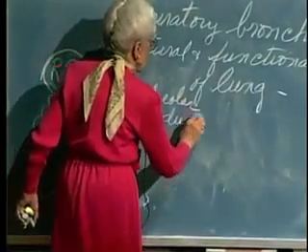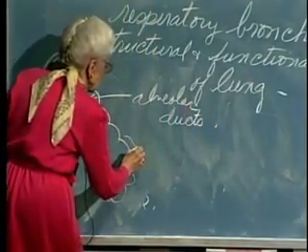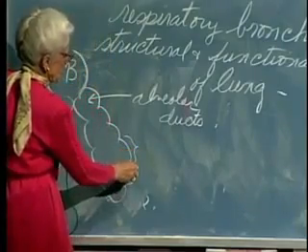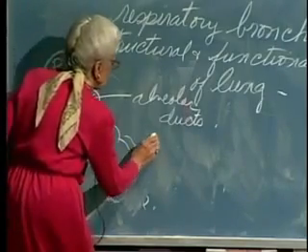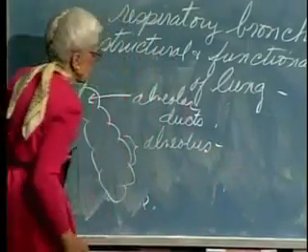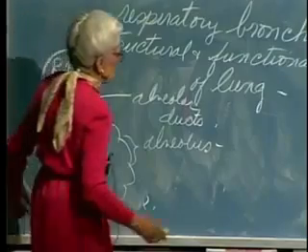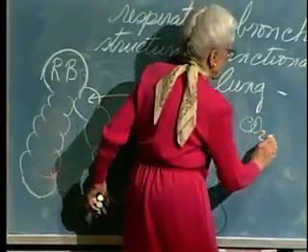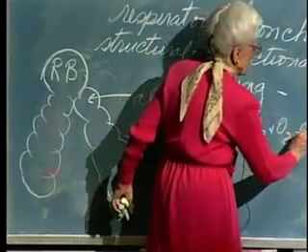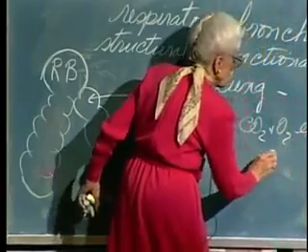Alveolar ducts lined with alveoli. Each one of these little pouches here is an alveolus. So we're down to where the exchange of gases takes place. So CO2 and O2 exchange at alveoli.